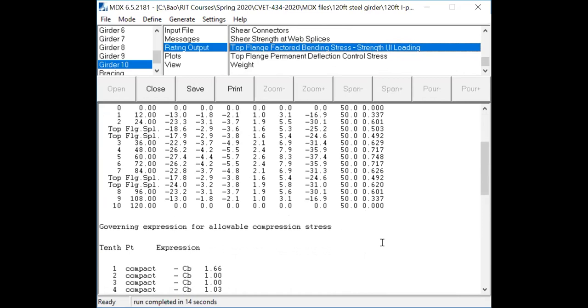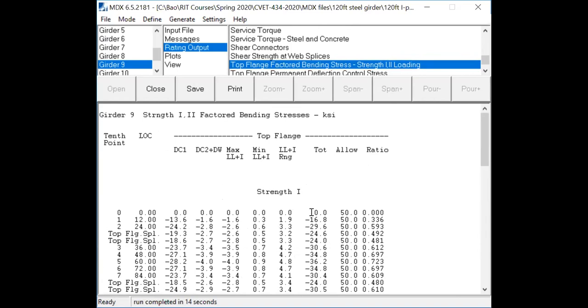It seems that our top flange design is more conservative because the maximum ratio is around 0.72. The top flange maximum ratio is like 0.7. This one is close to 0.75.